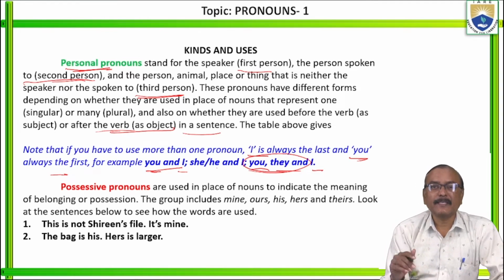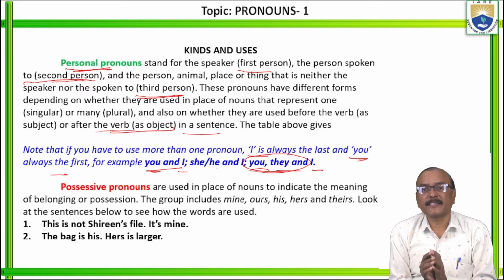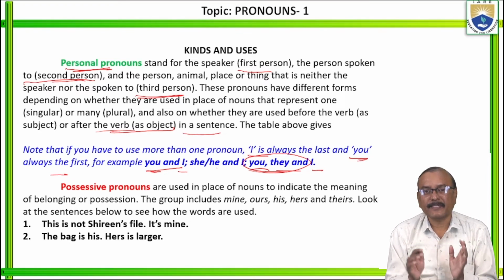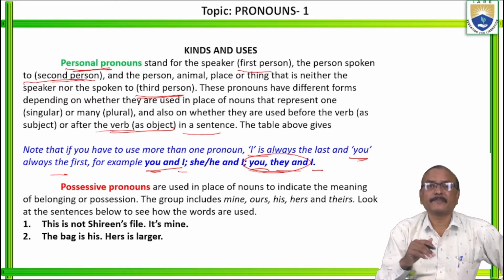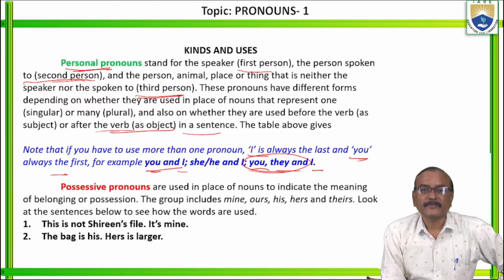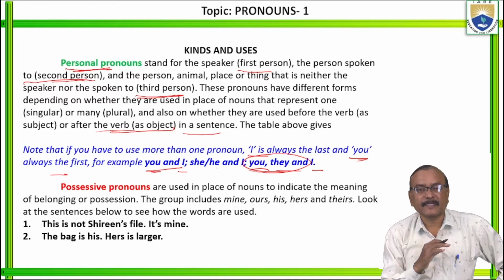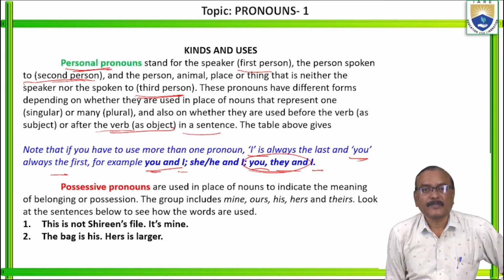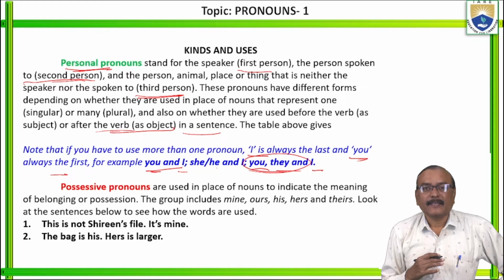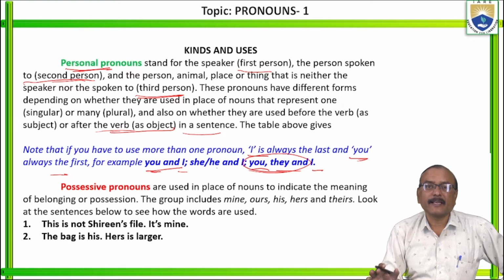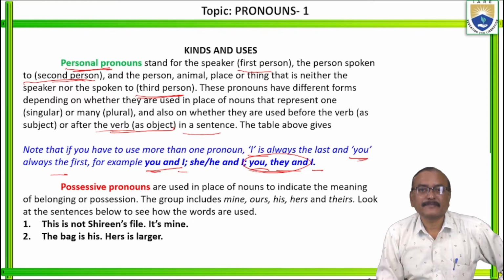If we make use of all three persons within the same sentence, first preference should be given to you, then the third person, then the first person, I, last. So, you, he and I got first division in the exams.